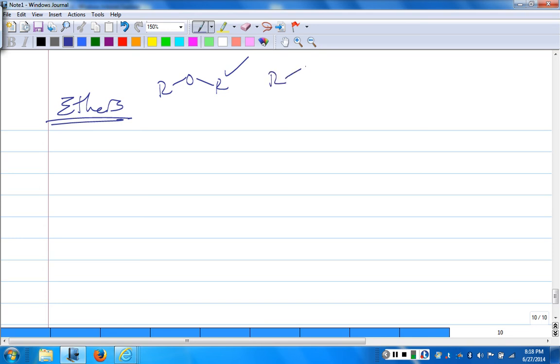They can be RO silicon, or they can be disilyl ethers. We're not really going to be concerned with this one at all. We only mention this one as a way of protecting alcohols. We are really concerned with the typical dialkyl ether.